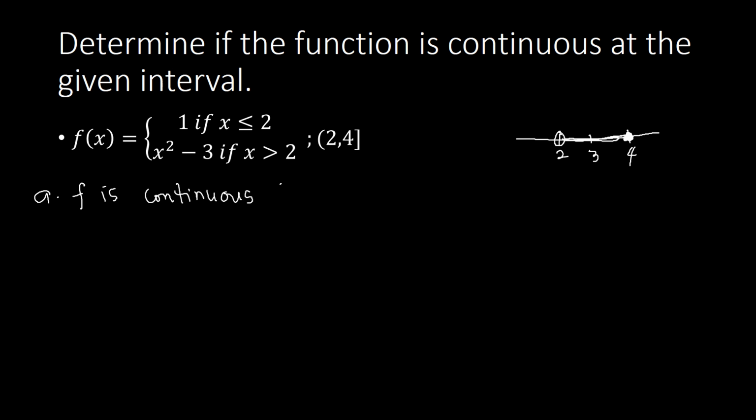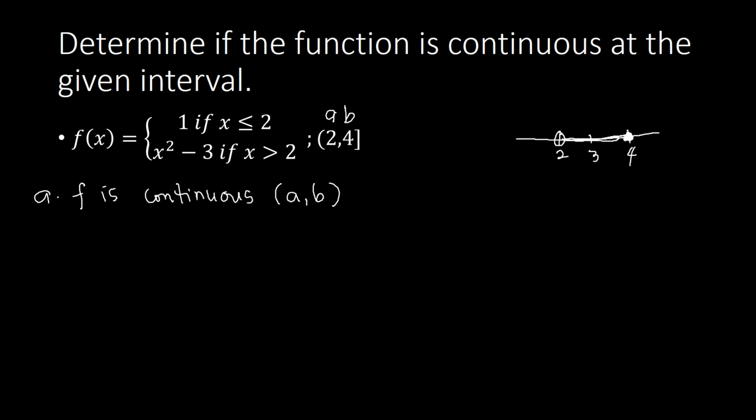Our a here, take note, is the open end. Our a here is actually this 2, and our b is the 4. Now checking on the open interval (a, b), the function there is continuous because we do not include the number 2 in there.